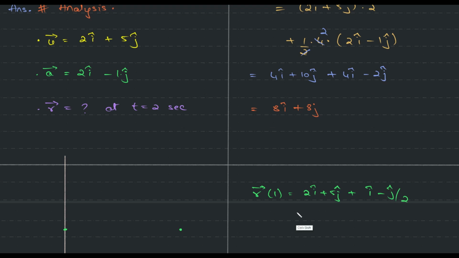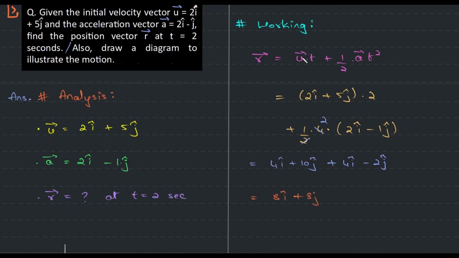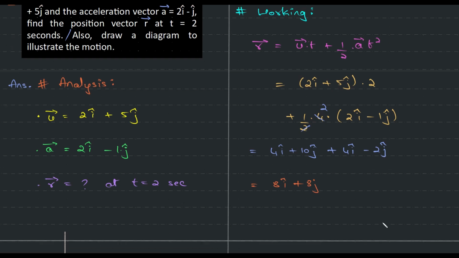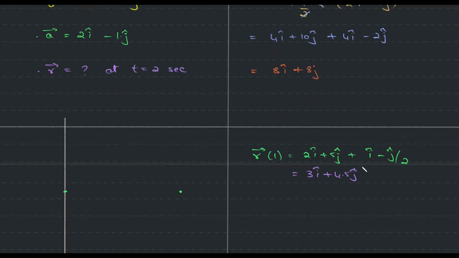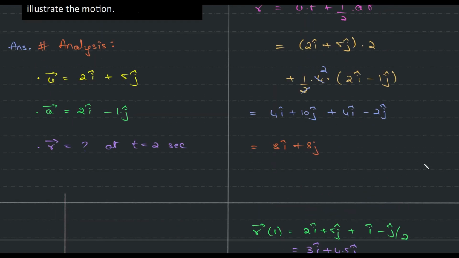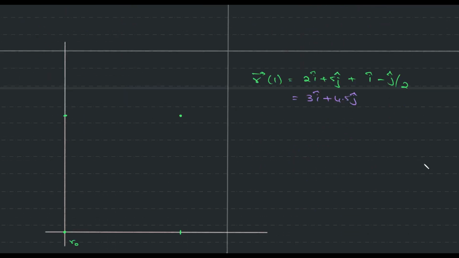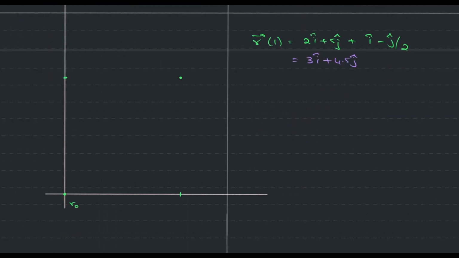Again, you do the math, you'll get the same thing: 3 i cap, then plus 4.5 j cap. Okay, I think I did the math right. Ut is 1, so this will remain the same. This will be 1 by 2. Wait, acceleration is this. Perfect. 2 by 2 is 1. Yeah, correct.